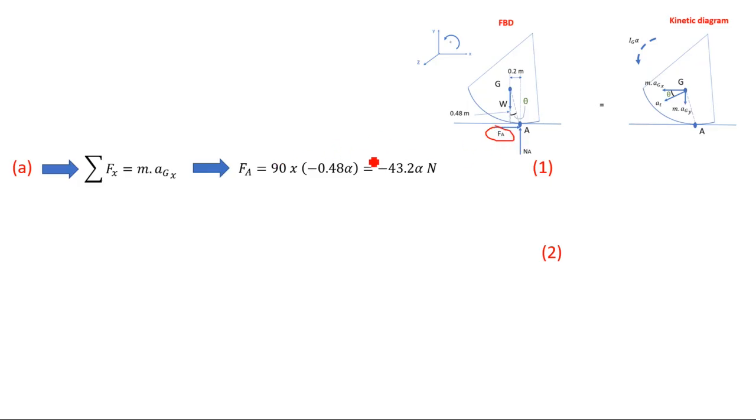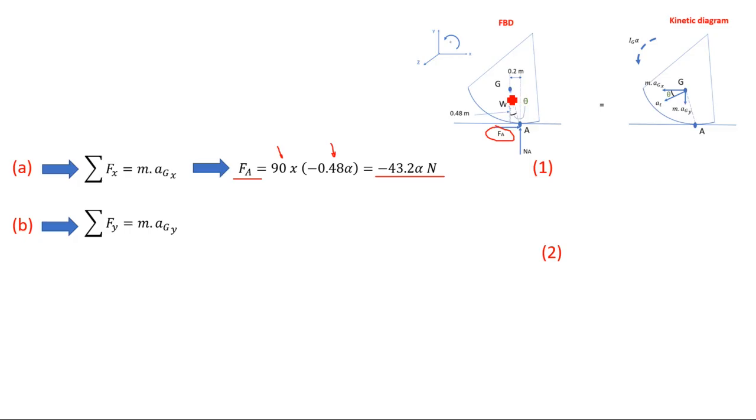So Fa is going to be equal to the mass multiplied by the Agx, which is negative 0.48 alpha. And then we can define the value for Fa as a function of alpha to be equal to negative 43.2 alpha Newton.